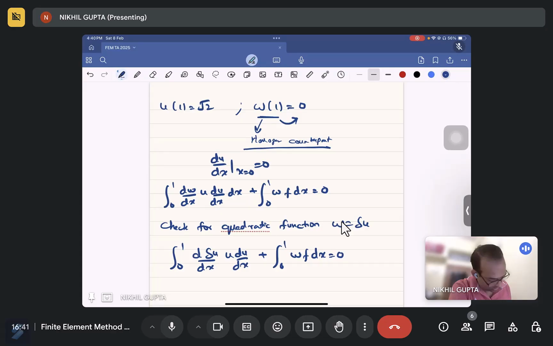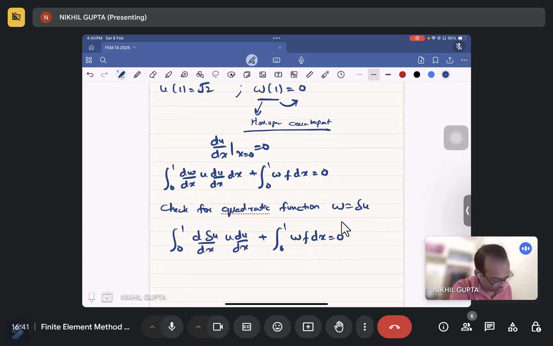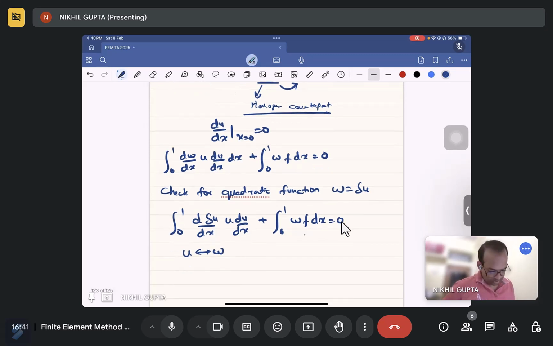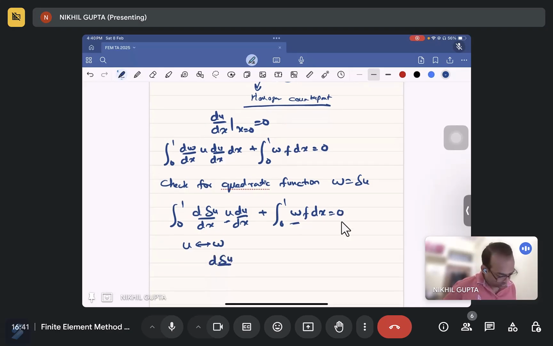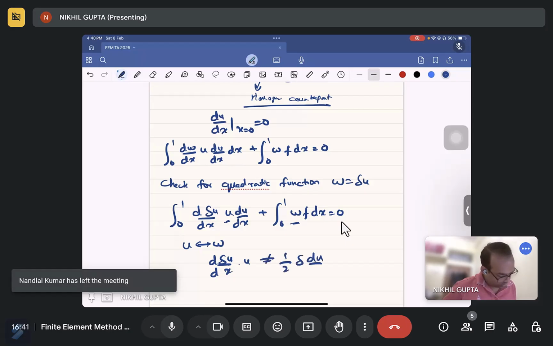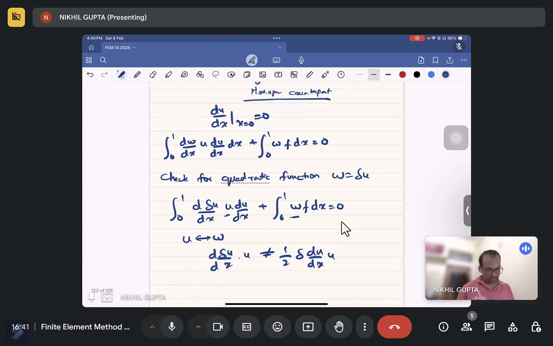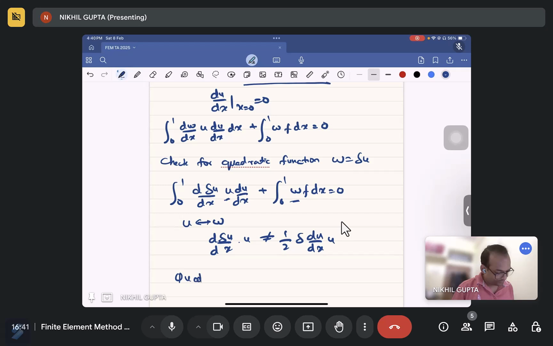Now, what if we replace the u in w? If we replace u in w, this is not simple. So if you say this w and this u, it is inverse, we will get the same equation. Hence, we can't use delta u, and so in that case, the kinetic energy is not okay.